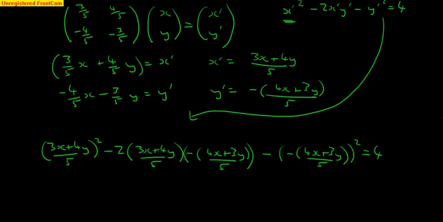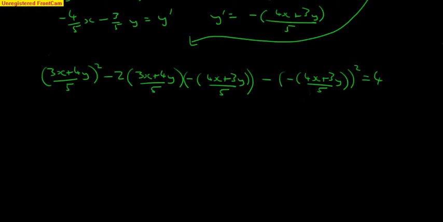We've got to make this look as simple as we can. Okay. We're going to get a lot of 25s on the bottom here, so I'll do it as I go along, and then I'll combine them in a minute.